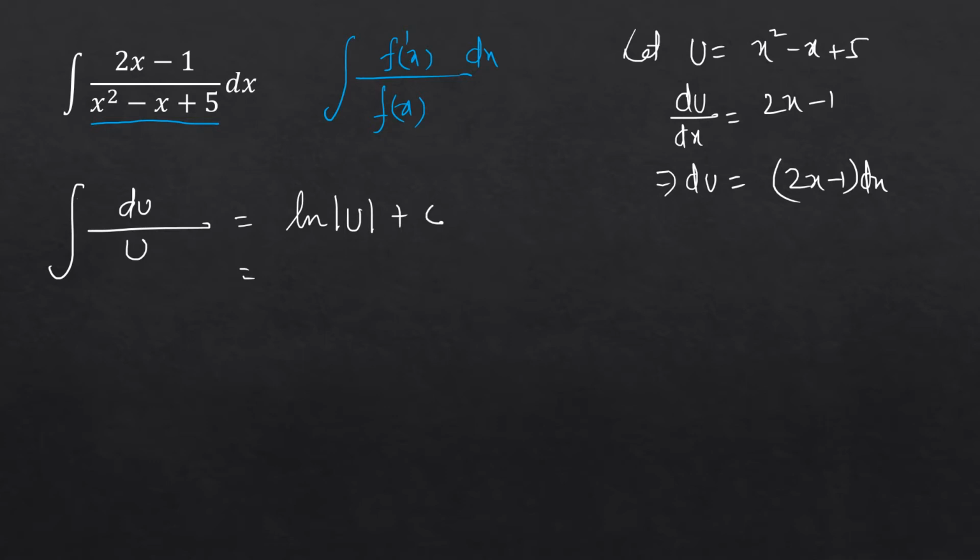So this is going to be equal to ln modulus of x square minus x plus 5 plus c. So here if I write a general formula, when you have a function and its derivative written in the numerator, you can directly write its integration as ln of modulus of that function plus c. Okay, so now we will see the next case.